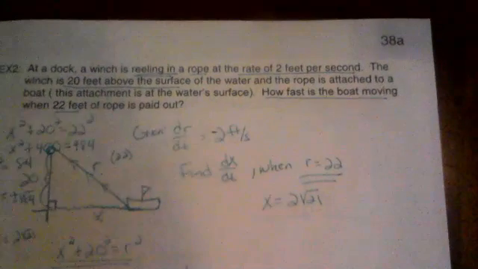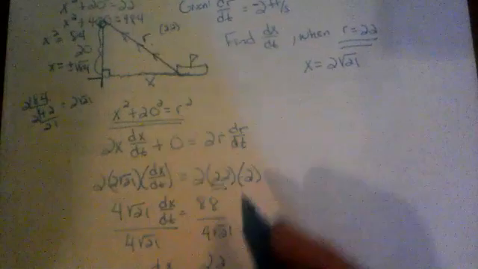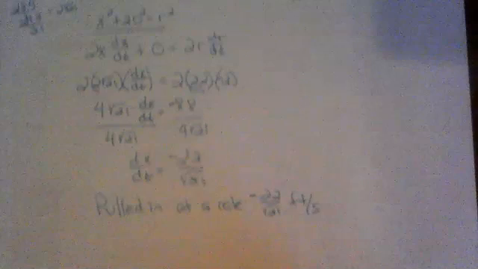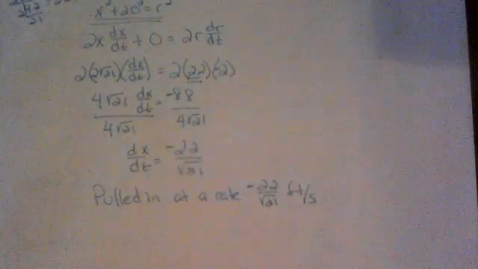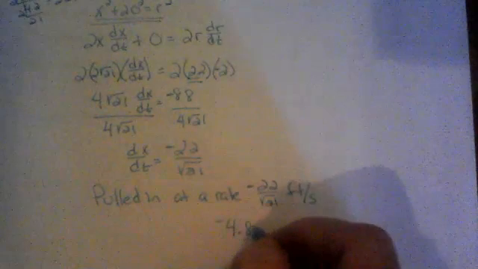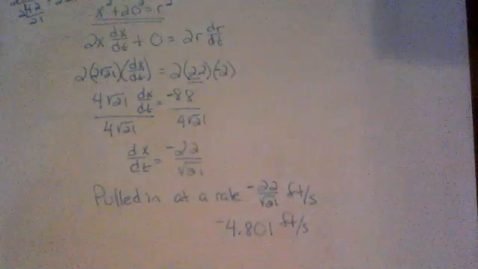And so if I go back and put in a negative 2 for my dr/dt right here, this would be negative 88, which would have given us the negative 22 carried out throughout. And if you divide negative 22 by square root of 21, you get negative 4.801 feet per second if you want a decimal version.